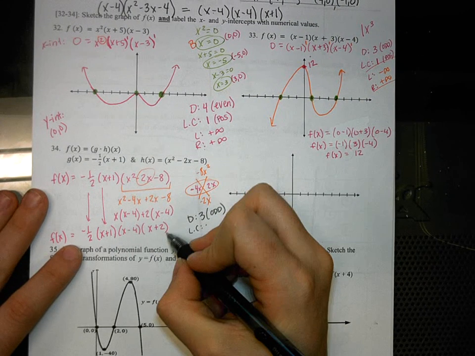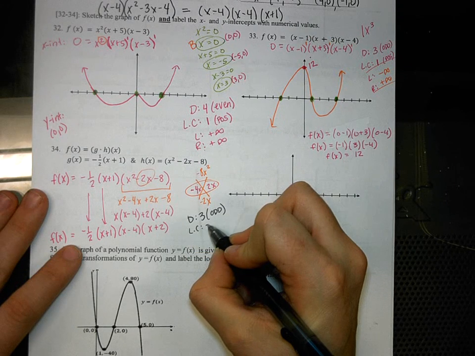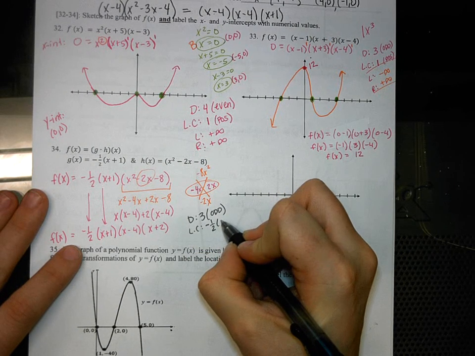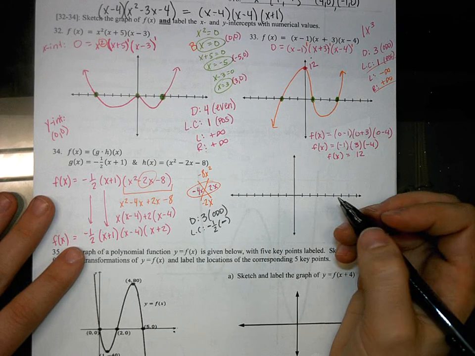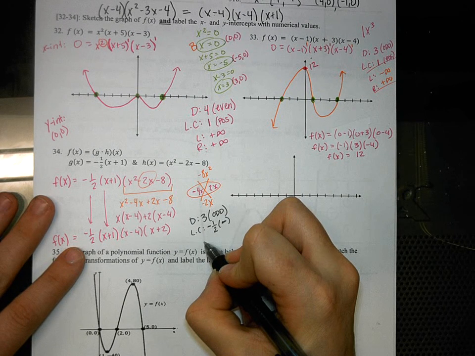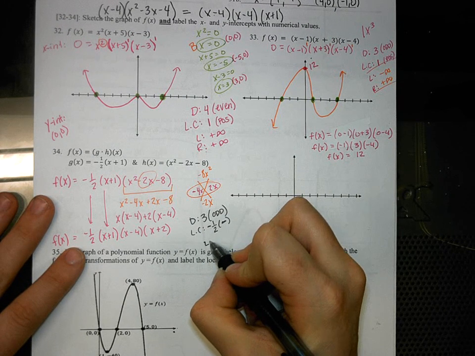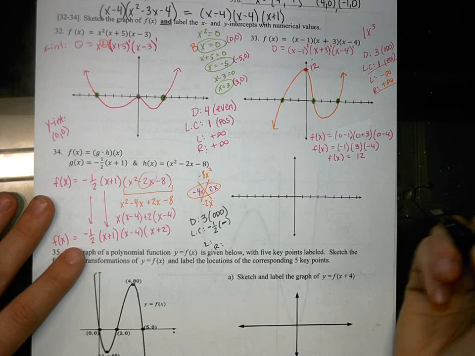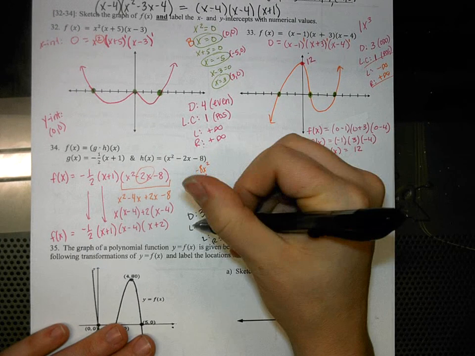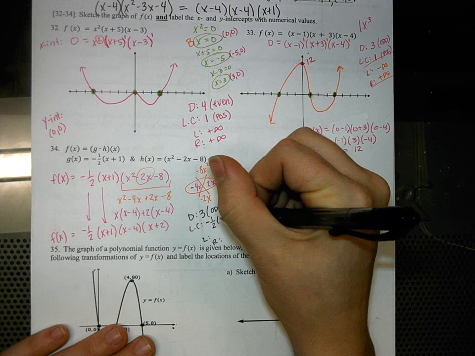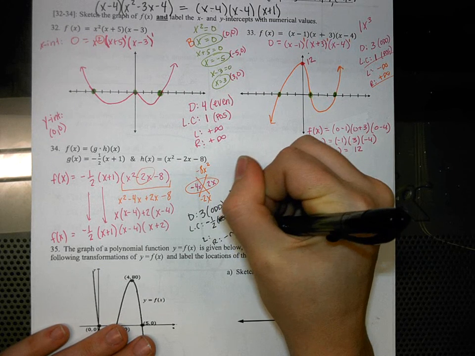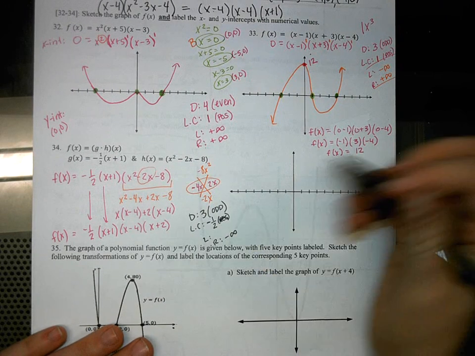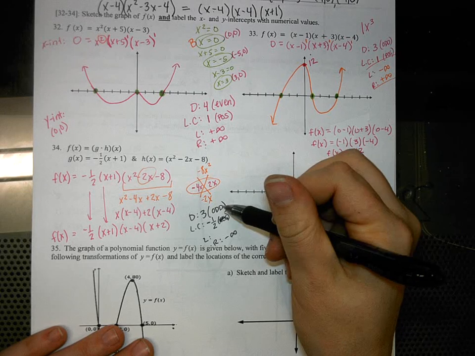So my leading coefficient is -1/2, which is a negative number. My right side is going to go to -infinity because my leading coefficient is negative. My left side will be opposite of my right because my degree is odd.